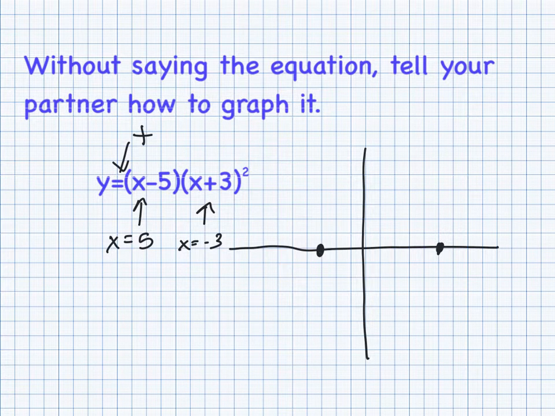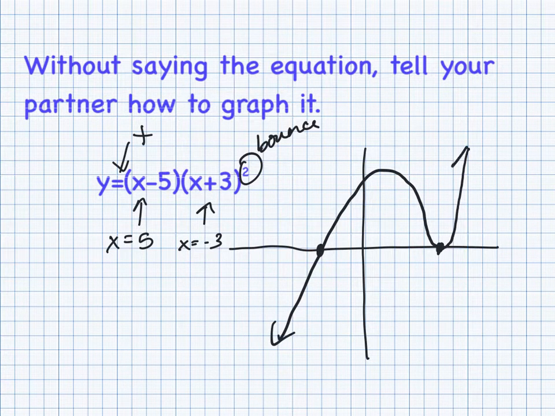This x minus 3 is a bouncing root. So what I know is when I come to 3, I have to bounce, go back up. I'm going to undo that. So bouncing root. So I'm going to come down because I know my ending direction is up. I'm going to bounce. I have to turn around to get back to cross down. And that's my sketch of my graph.